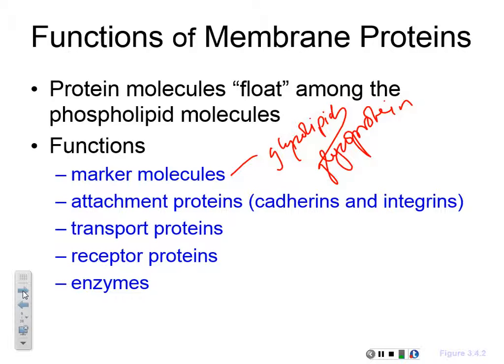And then attachment proteins. We said cadherins attach what to what? Anybody remember from the module? Cadherins attach what to what? They attach cell to another cell, right? Cell to another cell. Okay. What about integrins? They attach the cell to what?